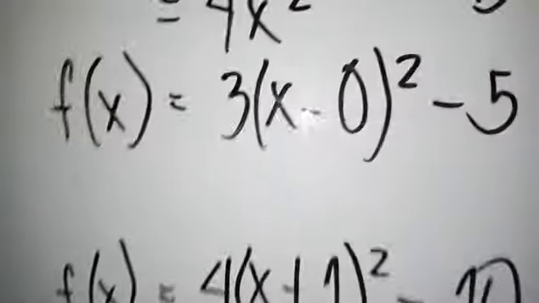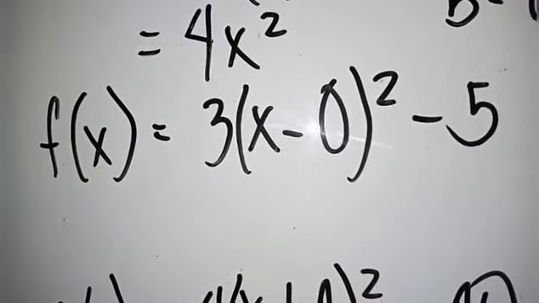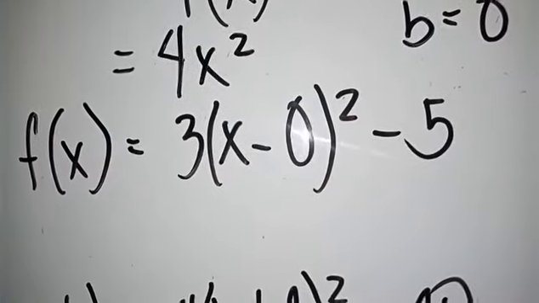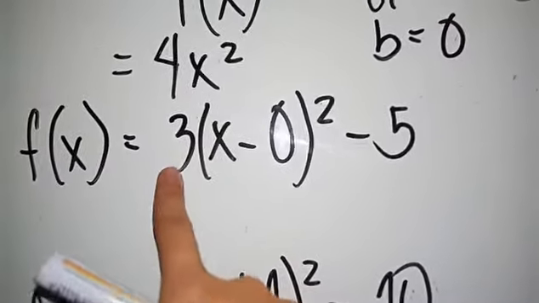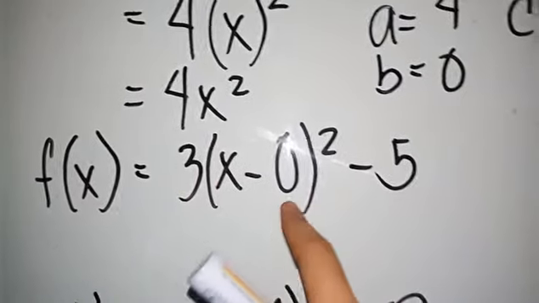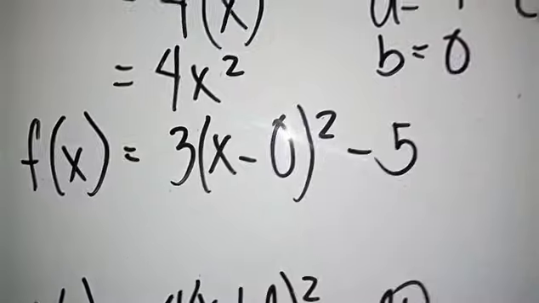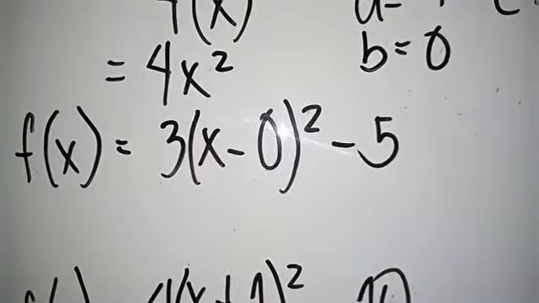Next, let's have the second example, which is f of x is equal to 3 times the quantity x minus 0, quantity square minus 5. So, kung mapapansin nyo, ito yung ating a, which is 3. Yung ating h ay negative 0 or simply 0 kasi wala namang negative na 0. Then, we have k as negative 5.